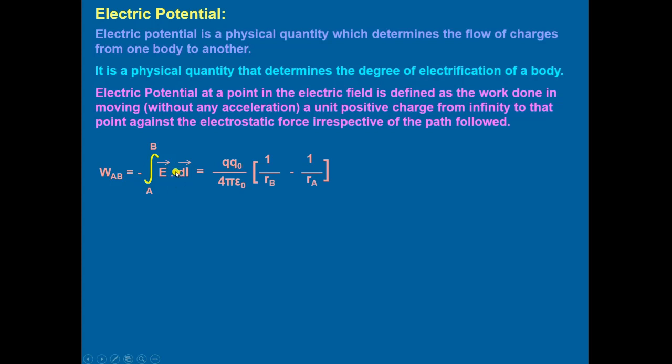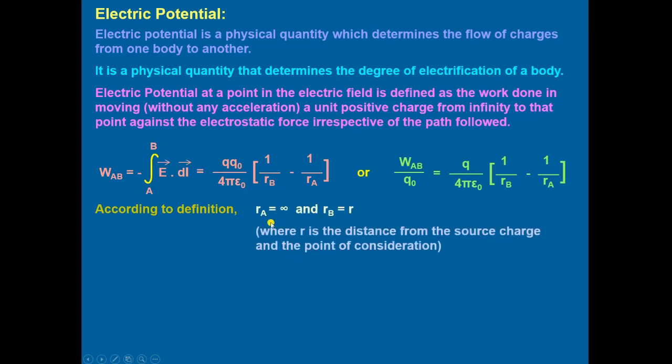W_AB, negative line integral dl of electric field from A to B, is equal to q naught divided by 4 pi epsilon naught into 1 upon r_B minus 1 upon r_A. Here we will take r_A equal to infinity and r_B equal to r.